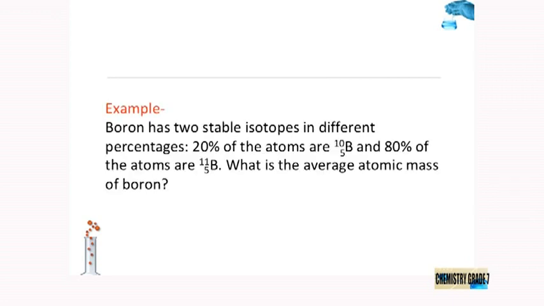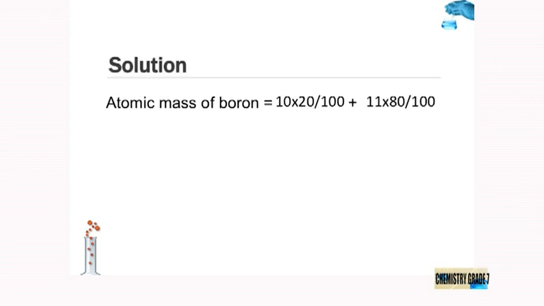So for boron, which has 2 stable isotopes in different percentages, 20% of the atoms are boron-10, and 80% of the atoms are boron-11. What is the average atomic mass of boron? First, we take the mass times the abundance of the first isotope.